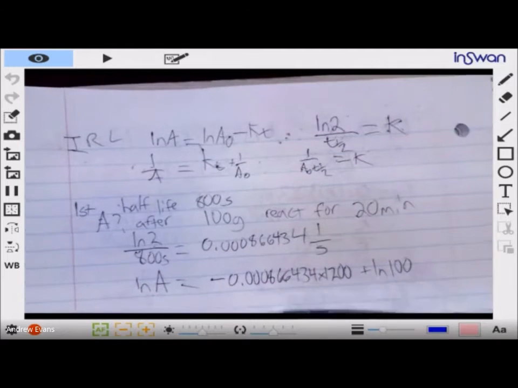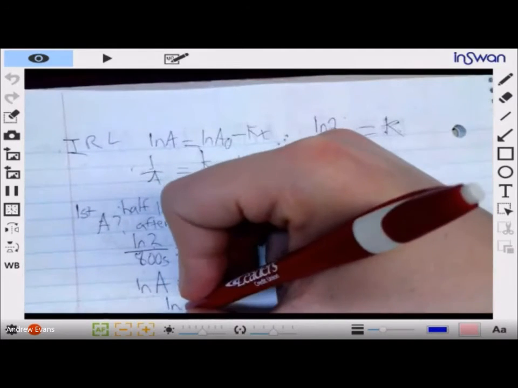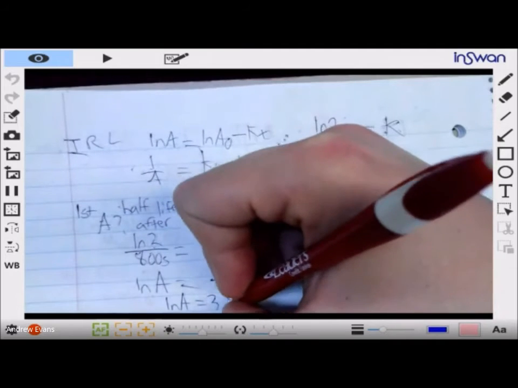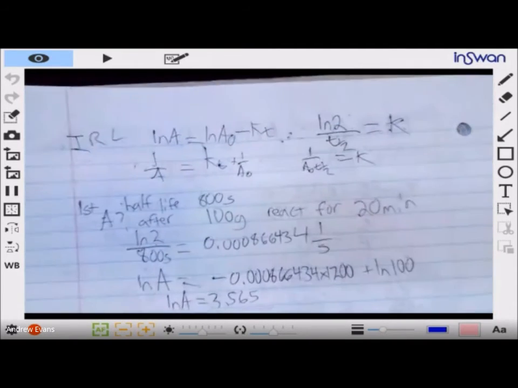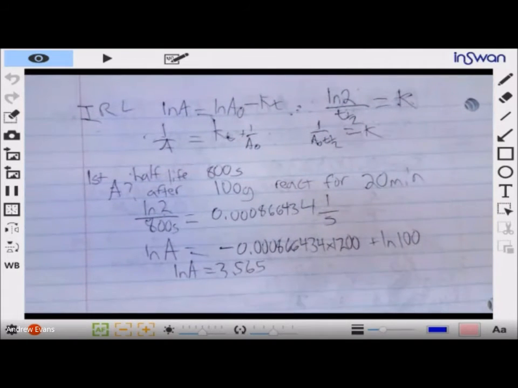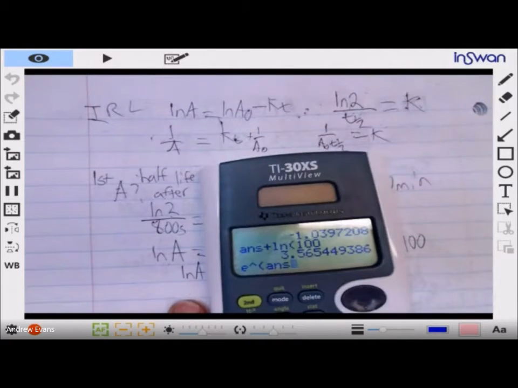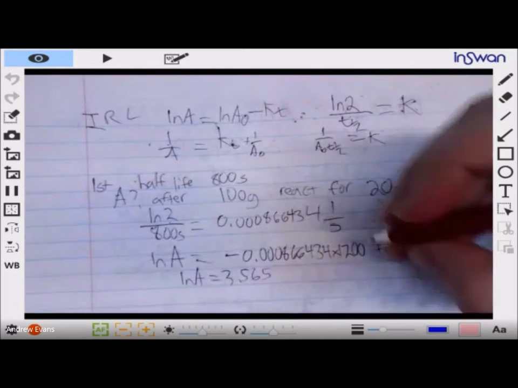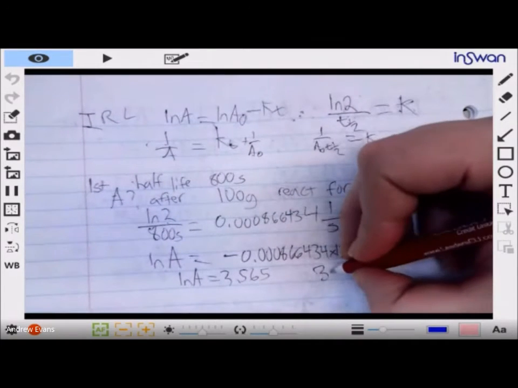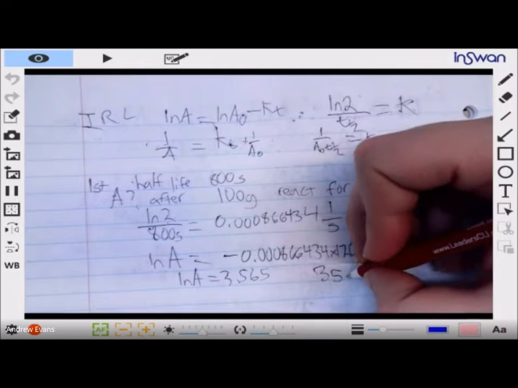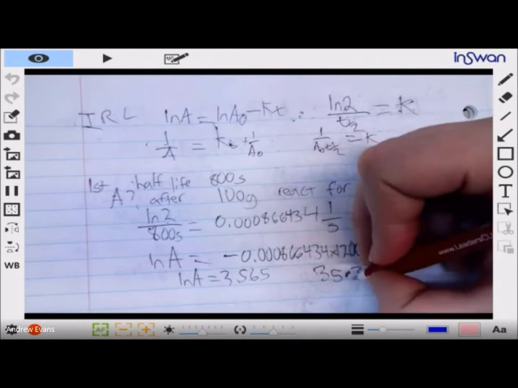That's going to give us ln A equal to 3.565. The last step is to find what A is, not what ln A is. To get rid of ln, we take the inverse log of both sides. So how much is left? 35.36 grams.